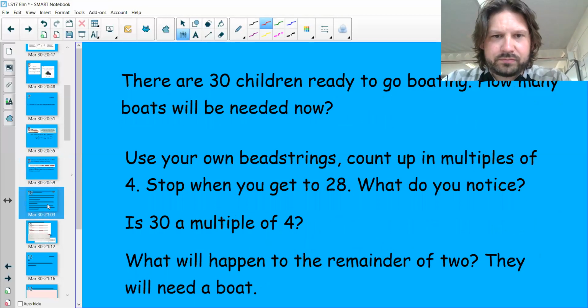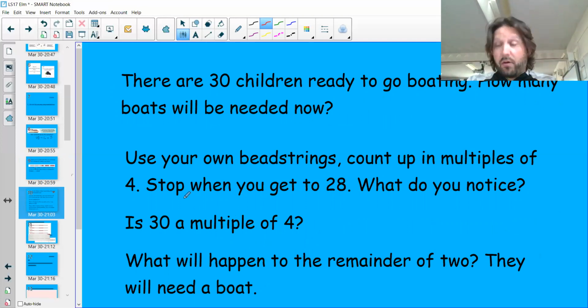Okay, let's move on. So there are 30 children ready to go boating. How many boats will be needed now? So use your own bead string. You obviously can't do that unless you have a bead string, which would be amazing. Bead strings are 100 beads in a line, and you can separate them.